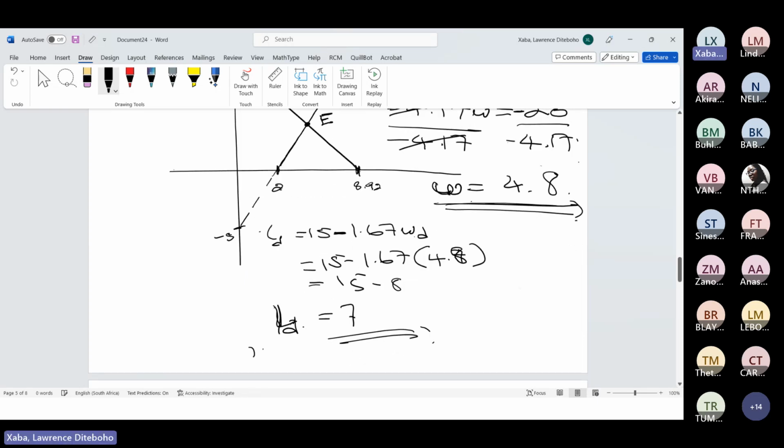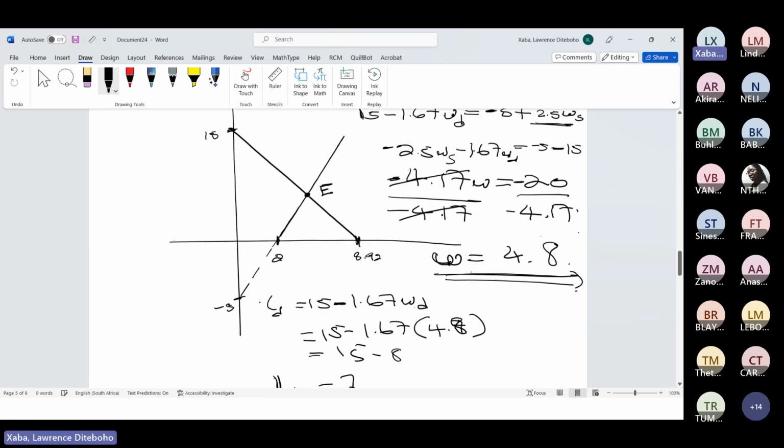So now we know that our W is 4.8, and our L is 7. So those are the correct values.